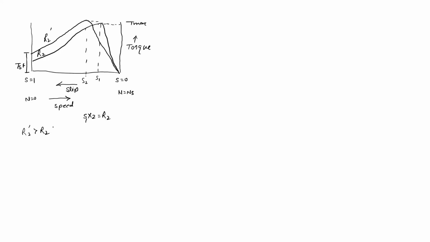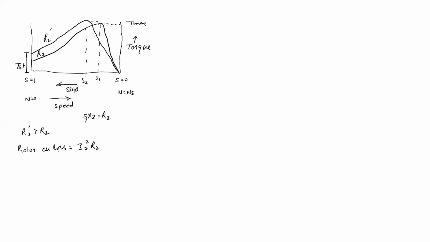Definitely, if you increase the rotor resistance, the continuous copper losses which take place under the normal working condition will be higher, because rotor copper loss is equal to I2 square R2. This will remain present in the motor as long as your motor is in working condition, isn't it?